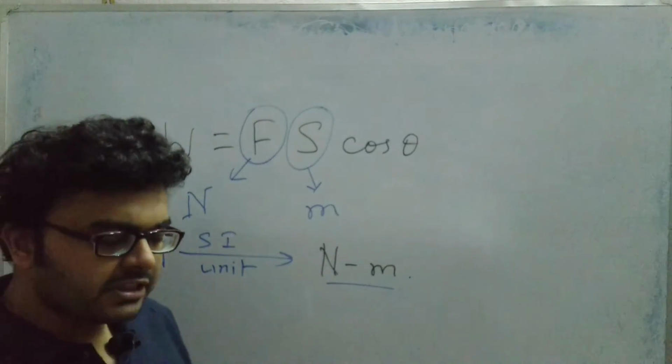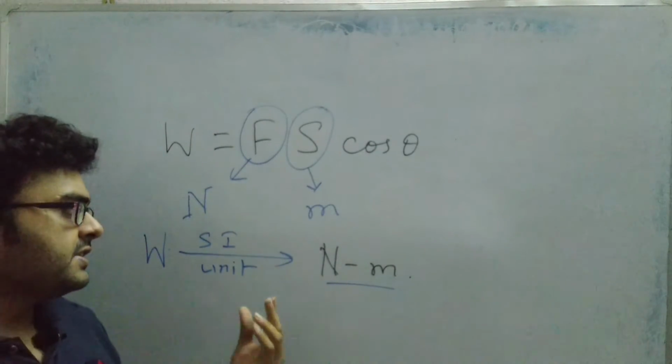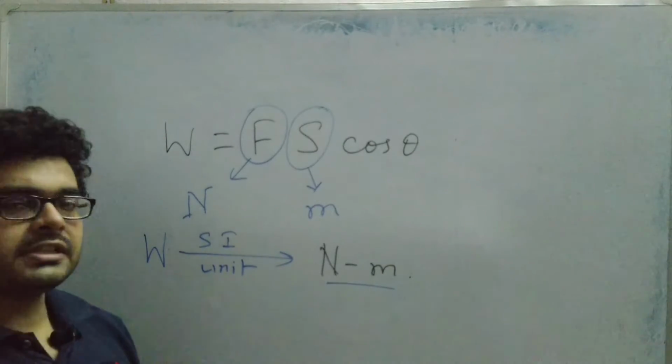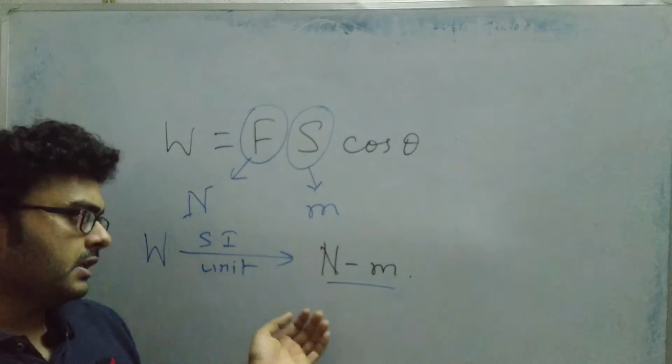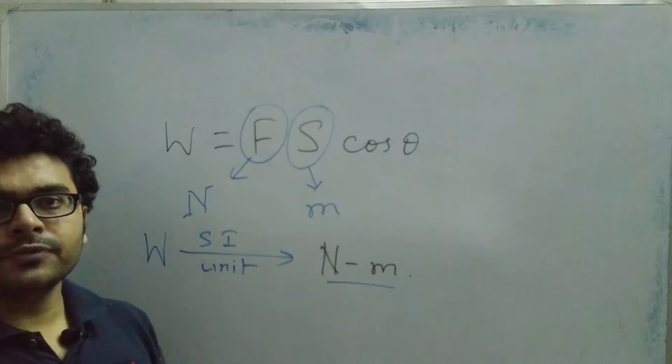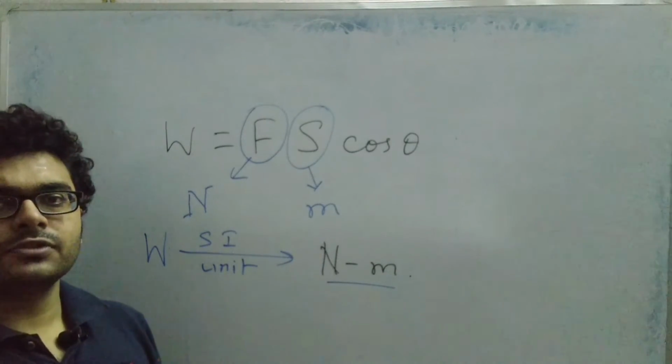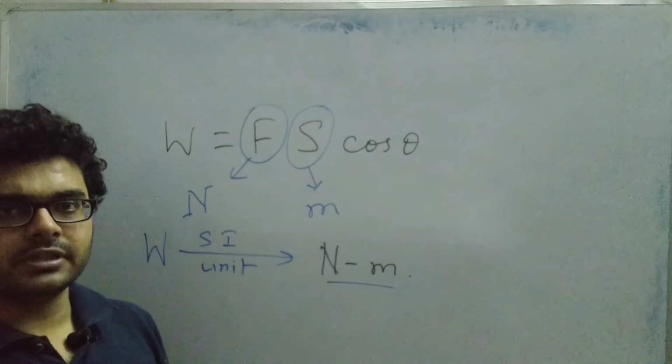Now, how can you distinguish between these two physical quantities? Seeing the units, if I write the unit of work as Newton meter, this will be a bit confusing as moment of force also has the same unit, Newton meter.